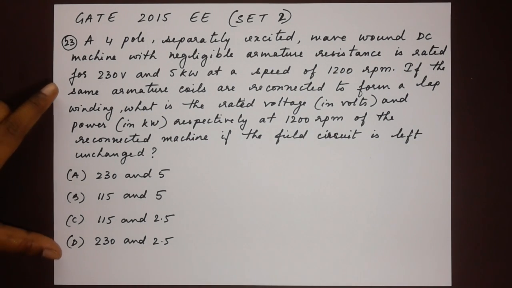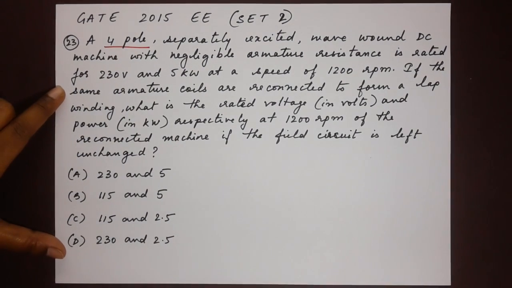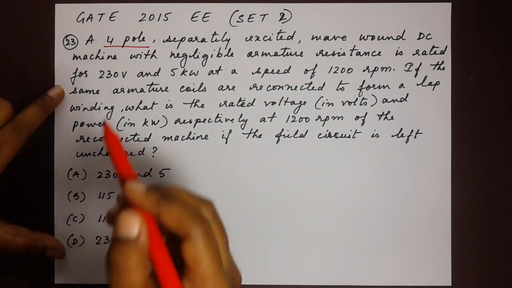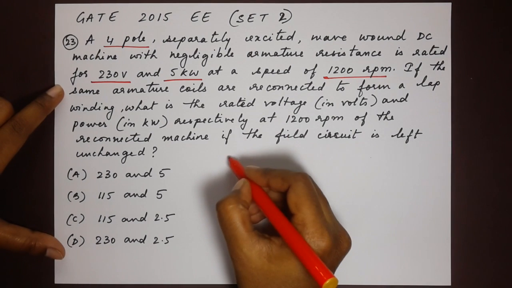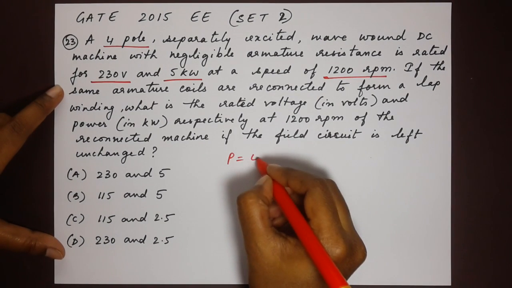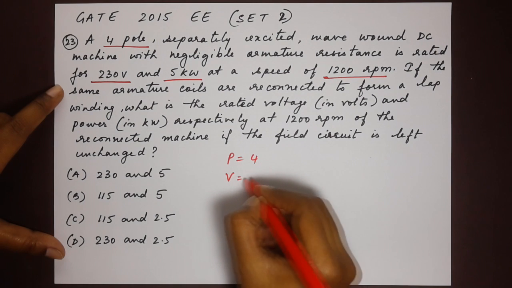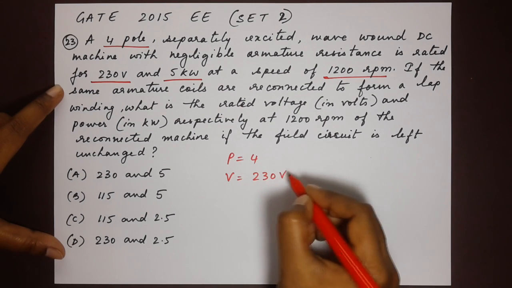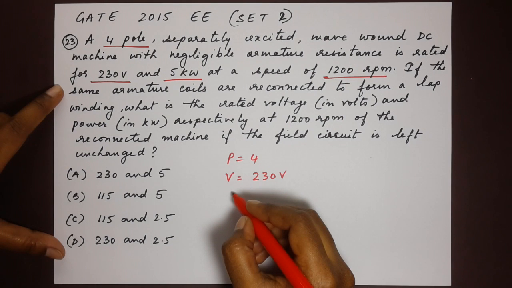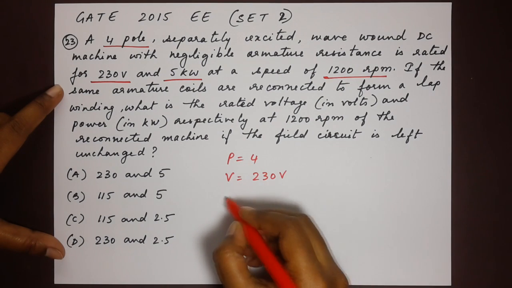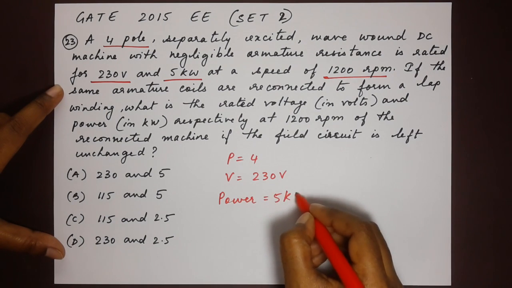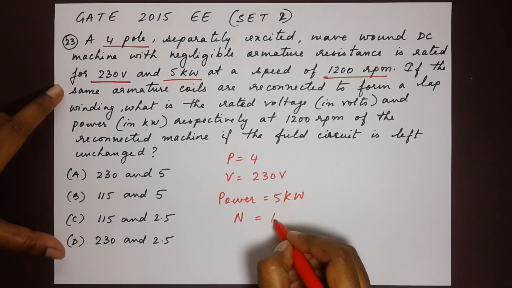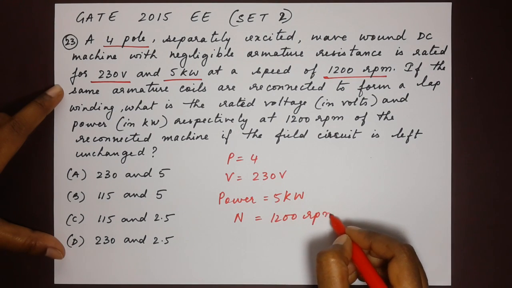So we now have 4 poles, 230 volts, that's the rated voltage. The power is 5 kilowatts. Speed is 1200 rpm.